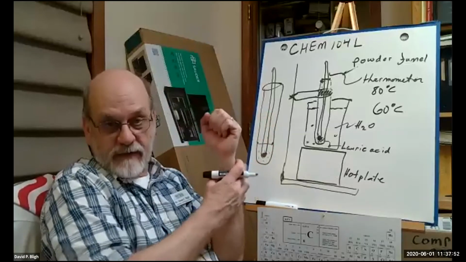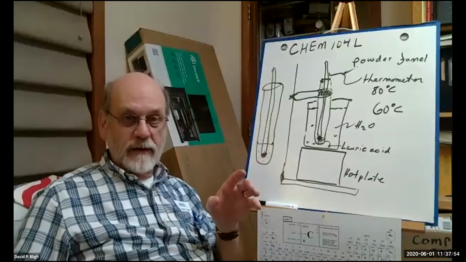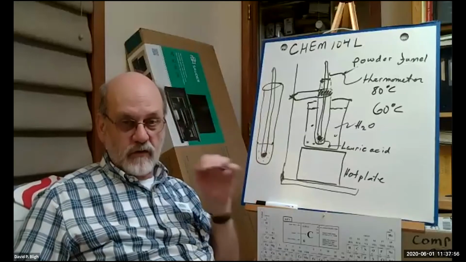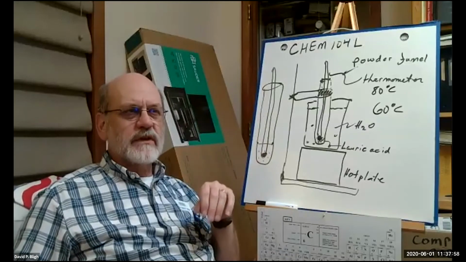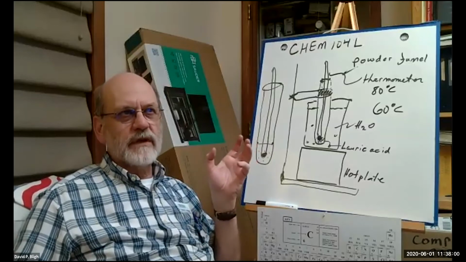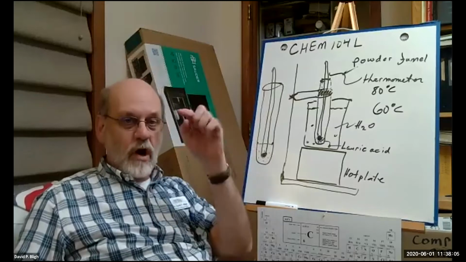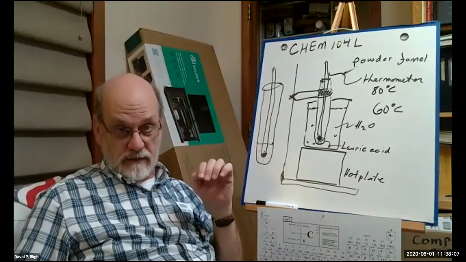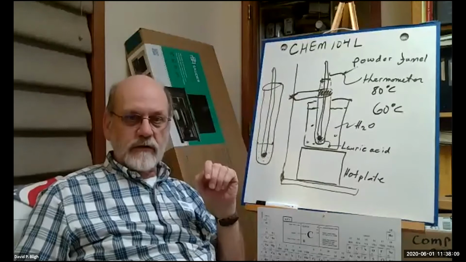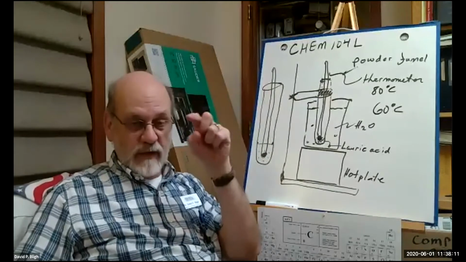But your data set that I showed you in Blackboard has the values recorded. I think one of them is whole degrees centigrade and one of them, there was a half a degree. These thermometers are marked in degrees centigrade. So if you want to estimate, you have to estimate between.